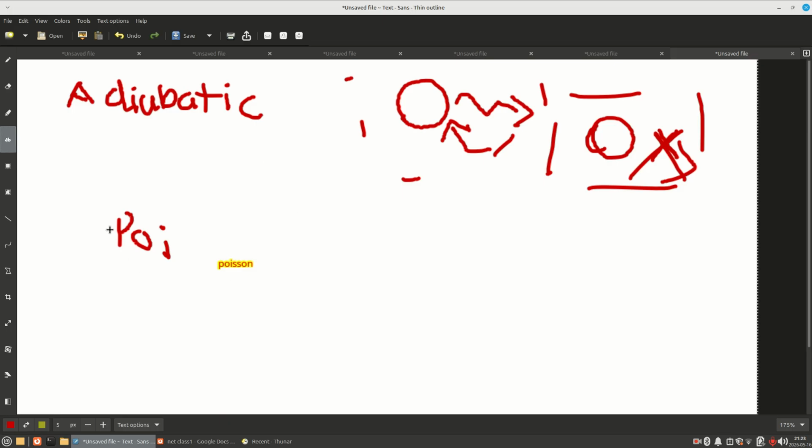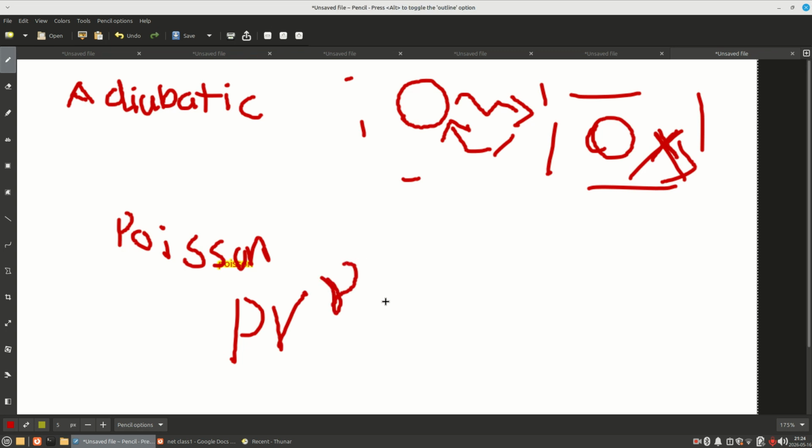Once again, let me write the equations here. Poisson's equation states that pressure times volume to the power of gamma is equal to a constant.